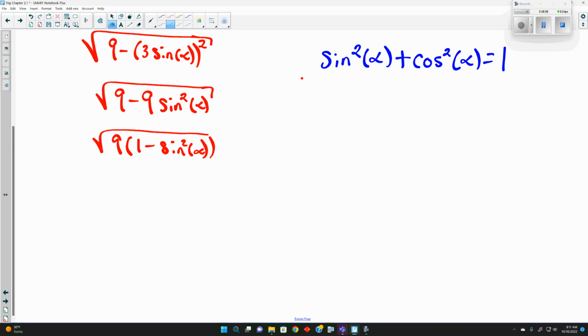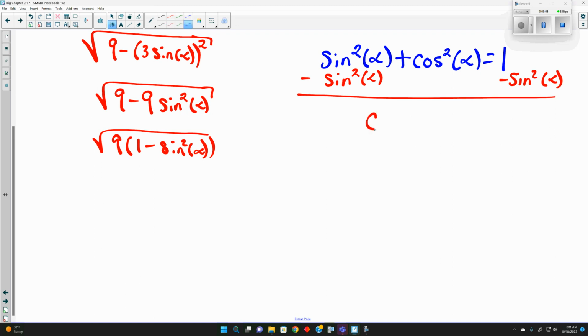Okay, what we can do over here is subtract sine squared of alpha from both sides, which will tell me that I have cosine squared of alpha is equal to 1 minus sine squared of alpha.